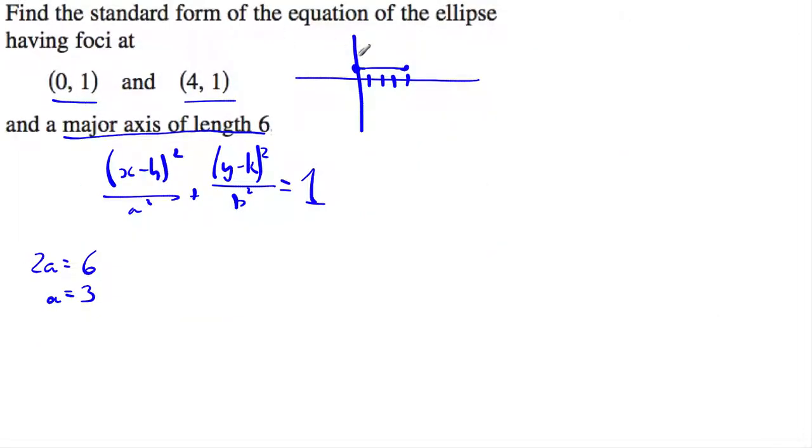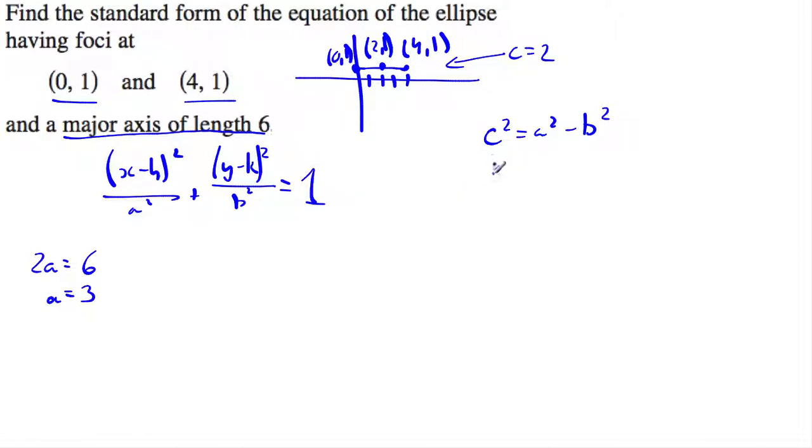The center is going to be halfway between these two, (0, 1) and (4, 1). We take the average, or you can use the midpoint formula, and we get (2, 1). So the distance here, c, is equal to 2. Well, c squared is equal to a squared minus b squared, so we've got to figure out what b is.